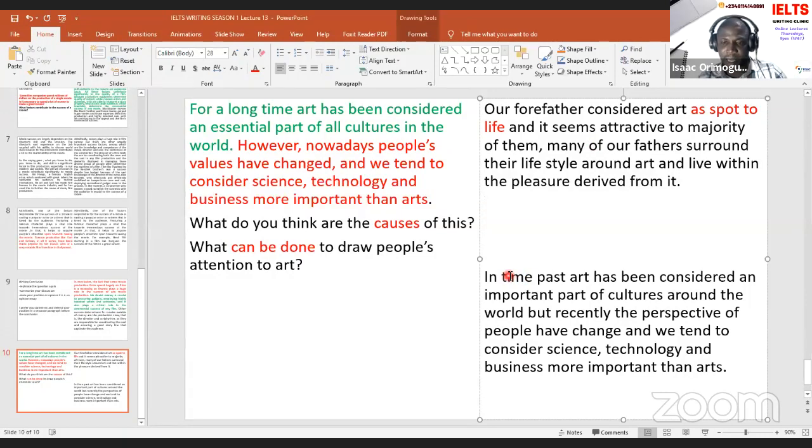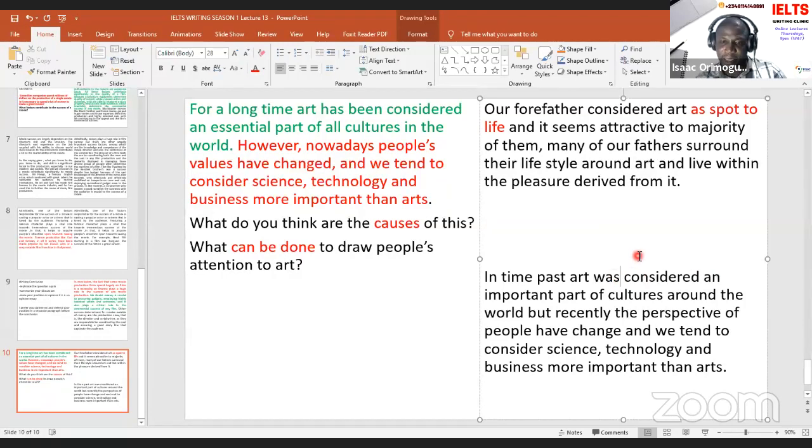In time past, art has been considered. I would have preferred you use the word was considered, because you are now reporting the situation in a past format.